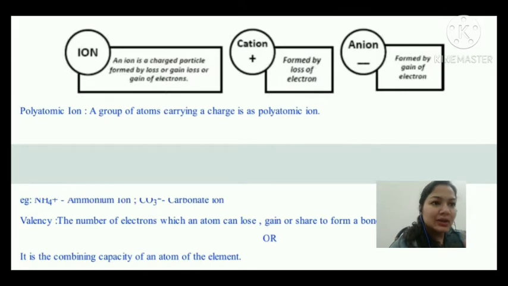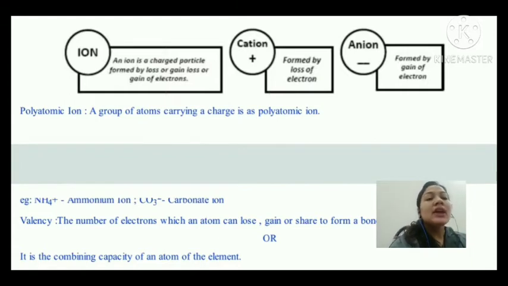So to become stable, they either gain electrons, or they can lose electrons so that the second last shell becomes the stable one.